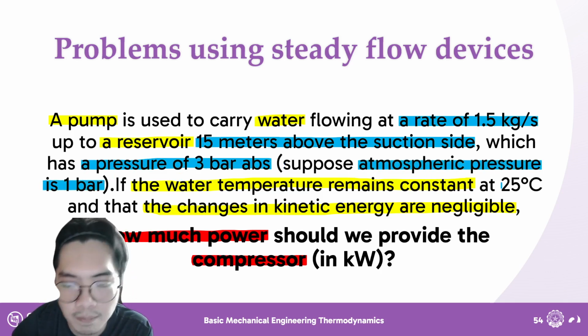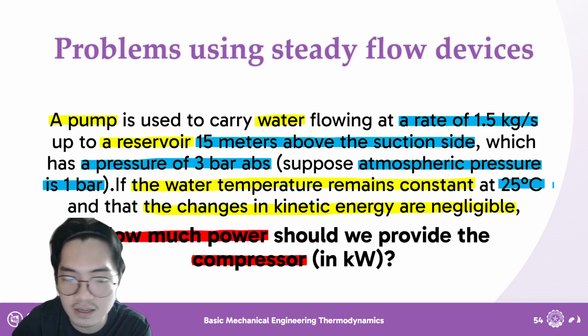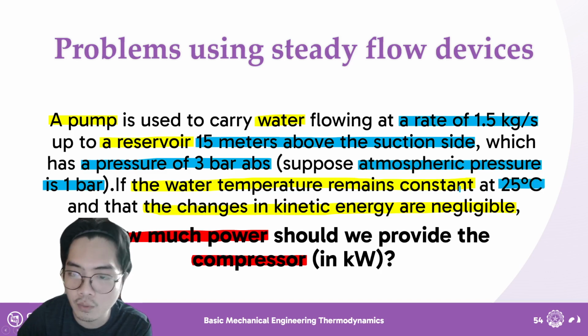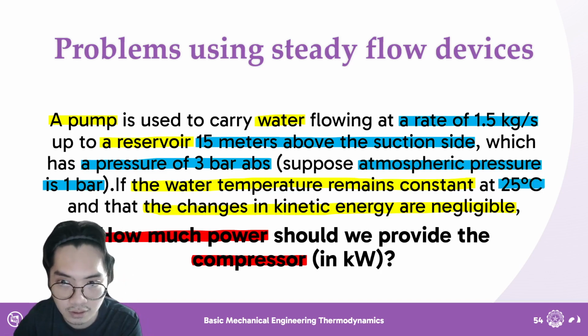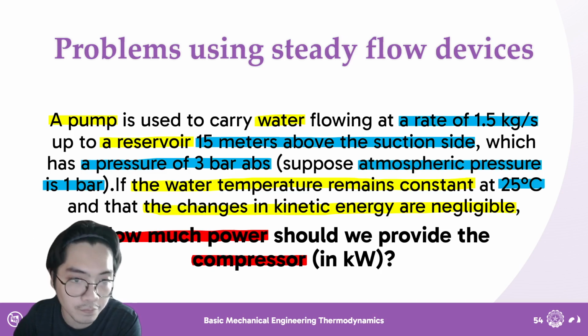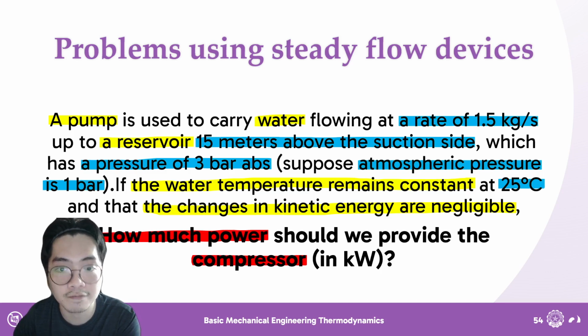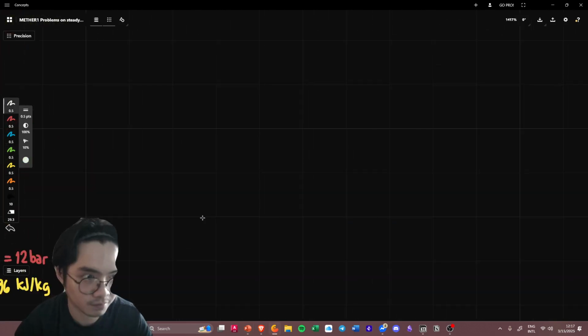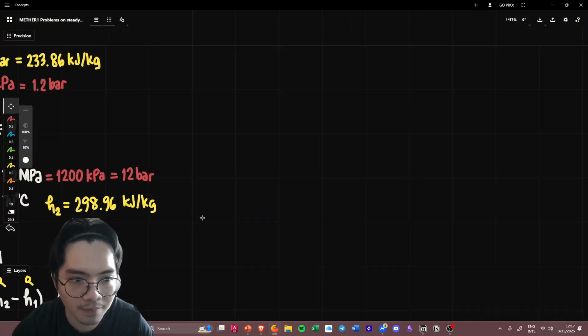If the water temperature remains constant at 25 degrees Celsius and that the changes in kinetic energy are negligible, this is our full annotated question. And I suppose it would be much better if we have a good figure, because this kind of thing is very confusing, for the lack of a better term.